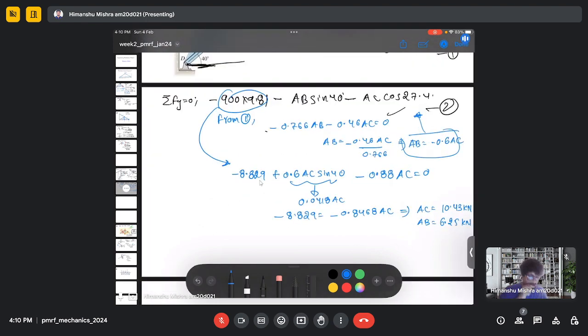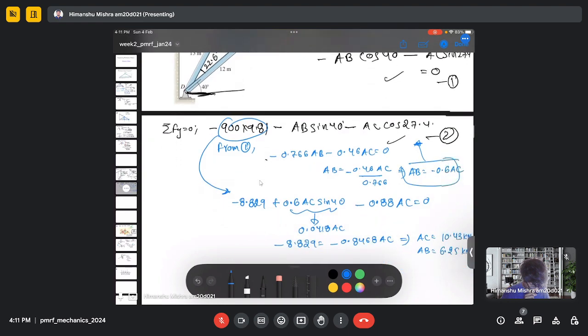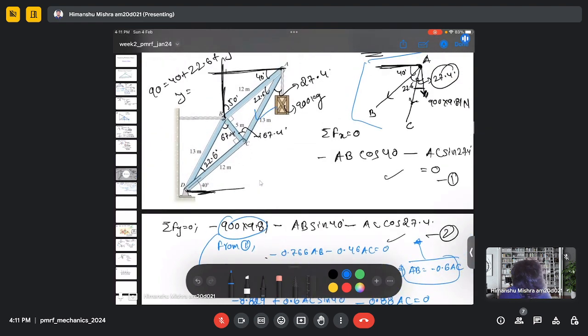So if anybody is solving, we can check if you are getting the same answer. So we identified the force in AC and AB.